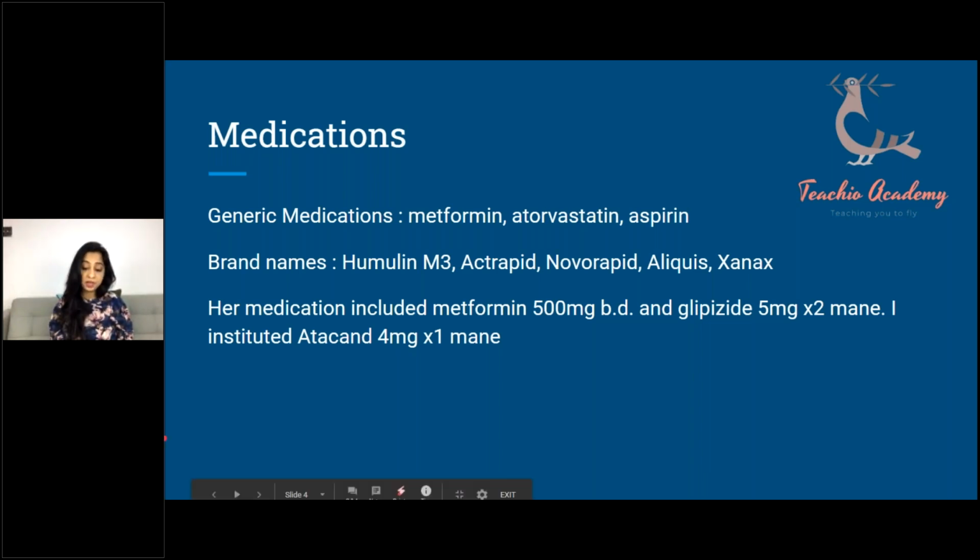Let's just see this extract as to how we would use this on an actual OET letter. So, her medication, notice that the H is capital because we're starting a sentence. Her medication included metformin. So metformin, the M is going to be a small one, and glipizide is going to be a small one as well. And then, he said I instituted, so the I is capital because we're starting a sentence.